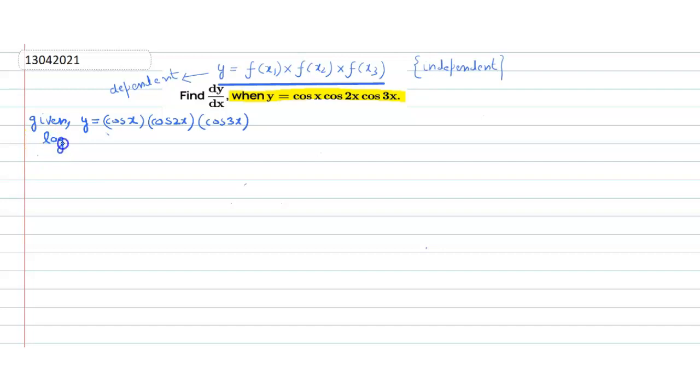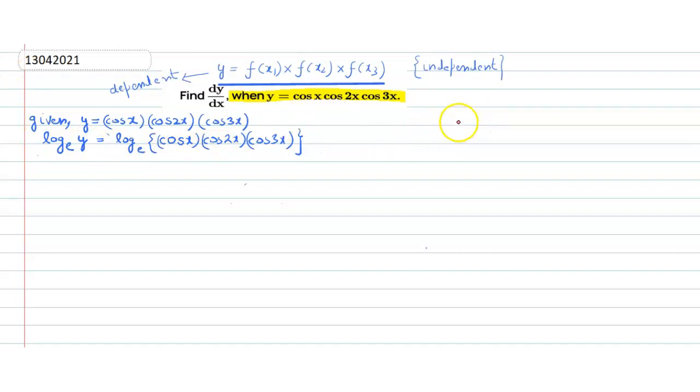So let's take log. Log base e of y is equal to log of the entire RHS term, that is the product of the cos terms: cos of x multiplied by cos of 2x multiplied by cos of 3x. So we have taken the log of the entire LHS as well as the RHS.